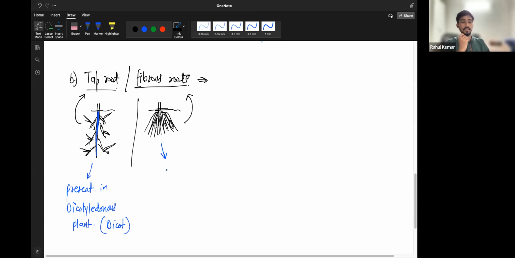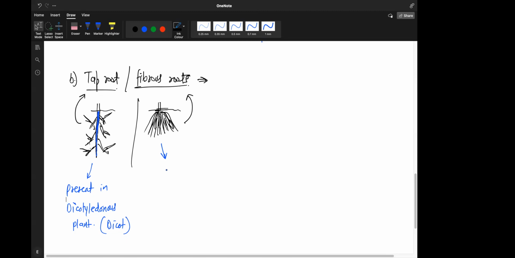The primary root is short-lived and is replaced by a large number of thin roots arising from the base of the plant. Okay. Is it clear?